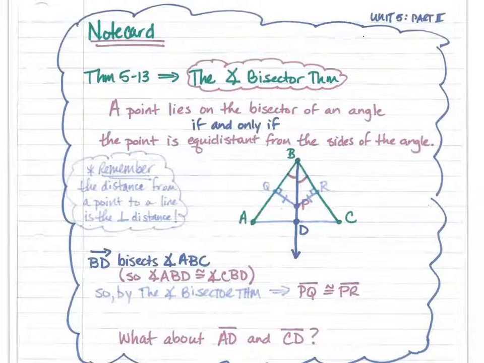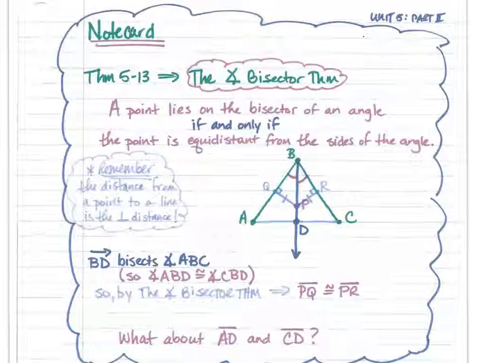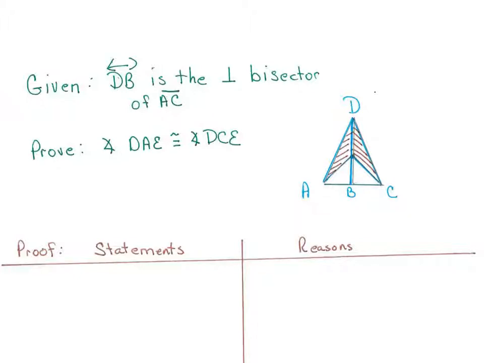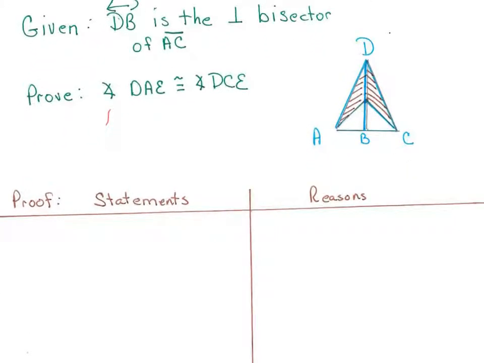So let's look at the last sheet of your notes. We've got another proof we want to work through. Here we're given that line DB is the perpendicular bisector of segment AC, and we want to prove that angle DAE is congruent to angle DCE.